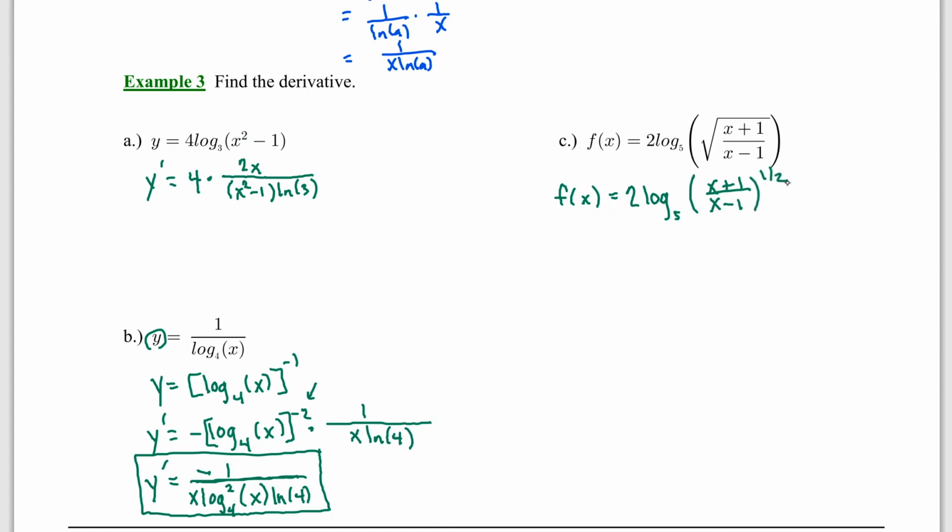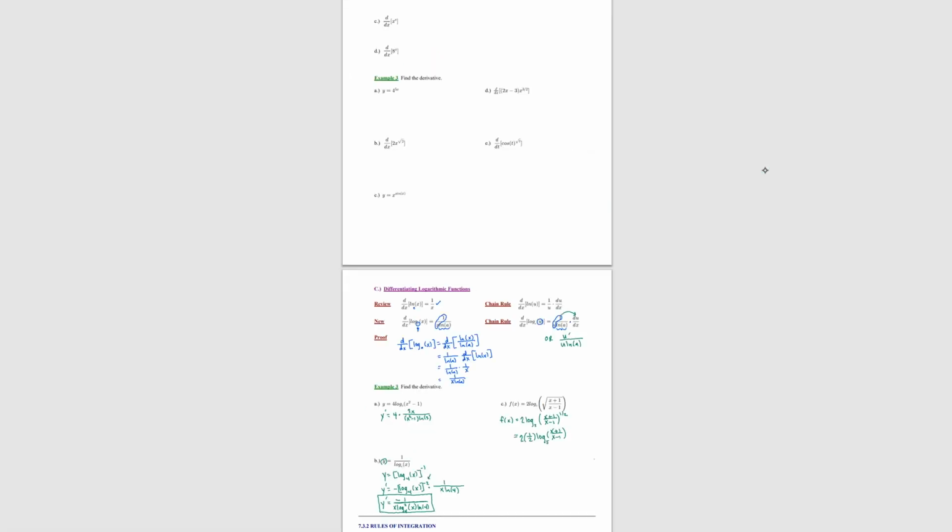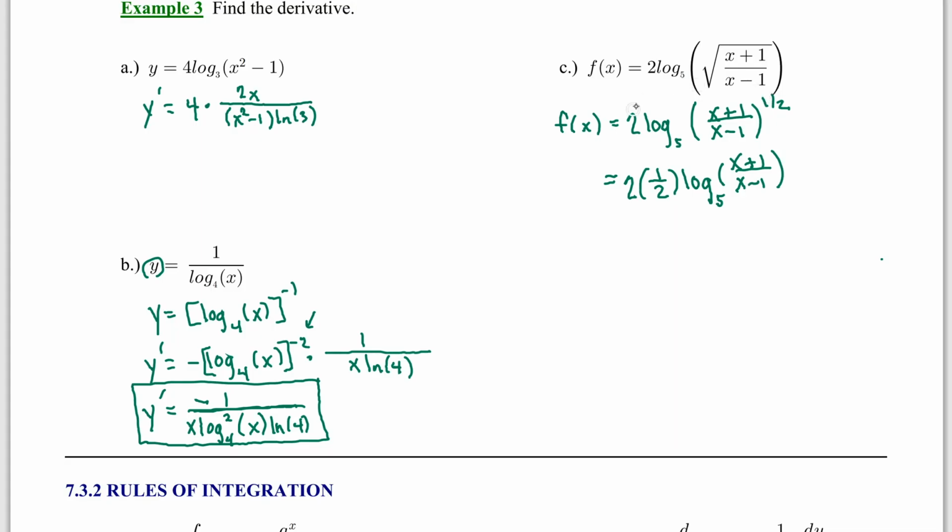Now, we know that the argument of a logarithm with an exponent can be converted into the exponent down in front as a coefficient, like so. So keep in mind, whenever I moved this exponent right here, that was not differentiation. That was the application of a logarithmic property. So we're still dealing with f of x here. But it was convenient because now both of these coefficients cancel.